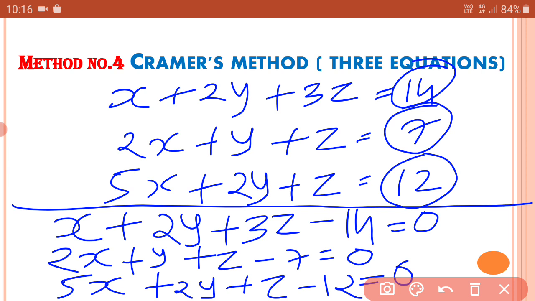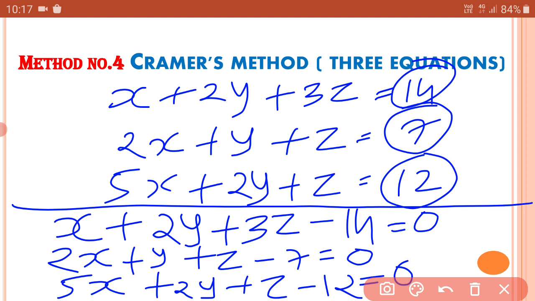So these are the 3 equations as per the given. X plus 2y plus 3z minus 14 is equal to 0. 2x plus y plus z minus 7 is equal to 0. Then 5x plus 2y plus z minus 12 is equal to 0.